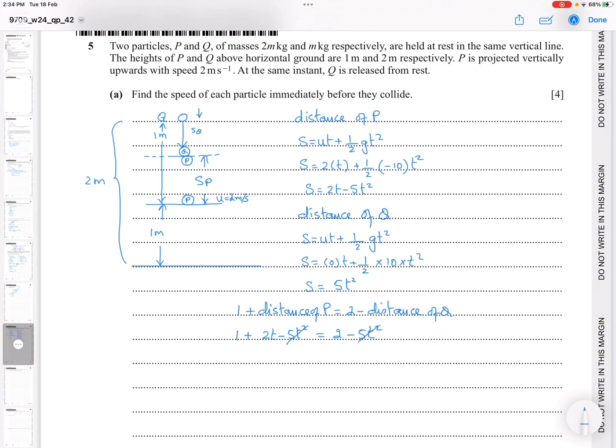So these two are gone. From here 2t is equal to 1. This gives us time 0.5 seconds.